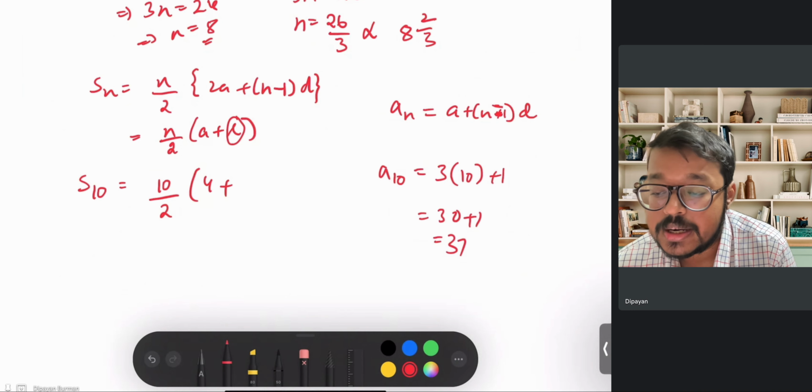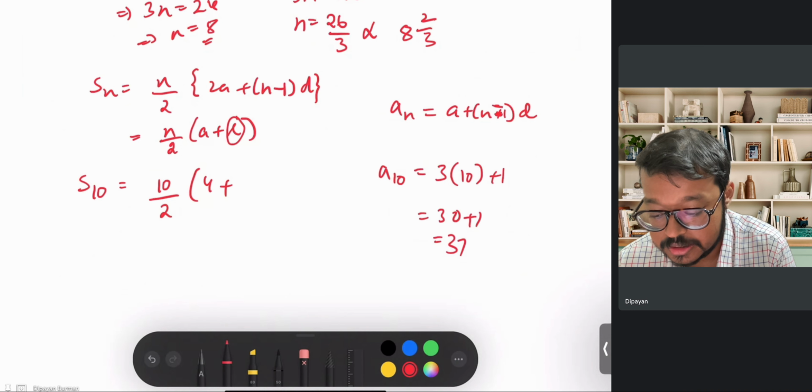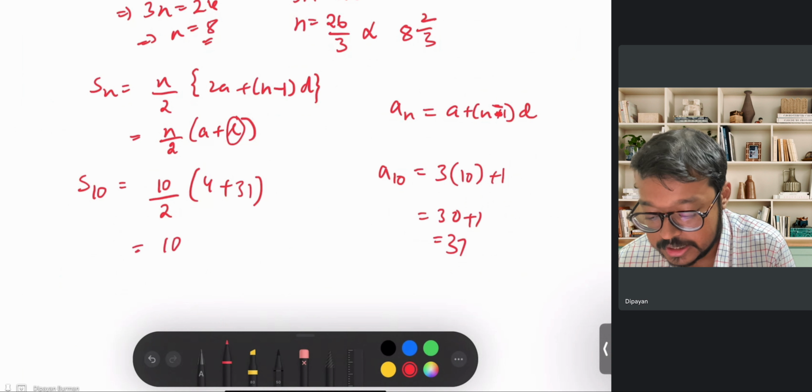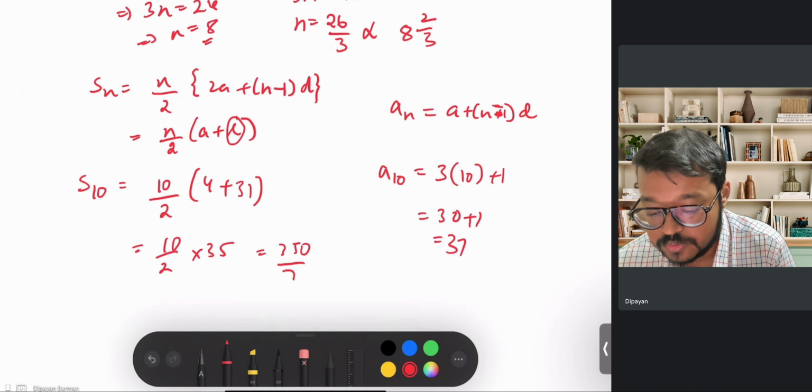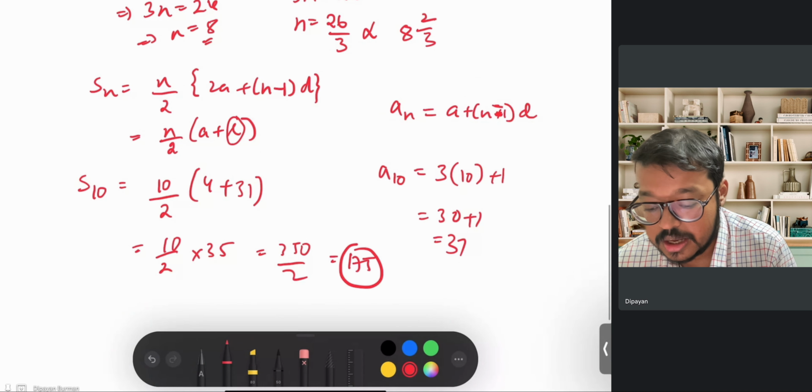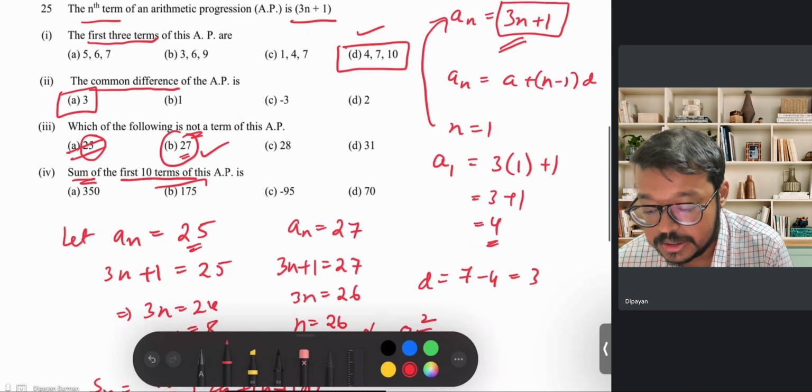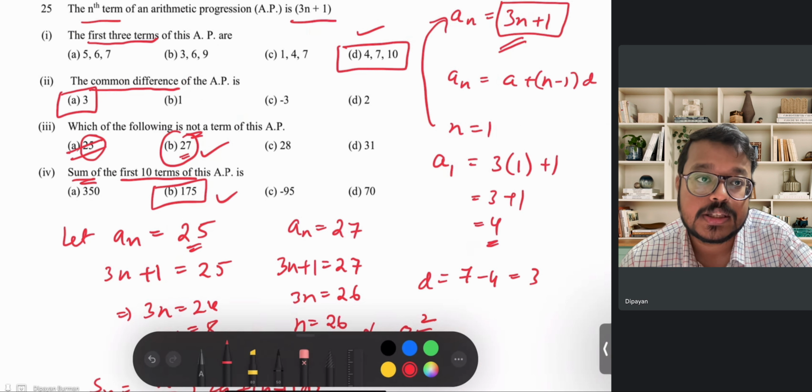So in the formula, 10 by 2 into 4 plus 31. So that is 10 by 2 into 35, which is 350 by 2, which is 175. So if I look at option B, 175 is correct.